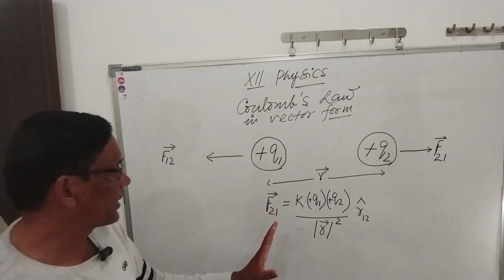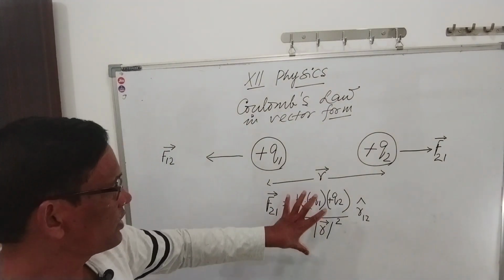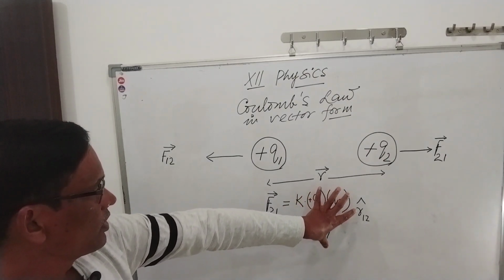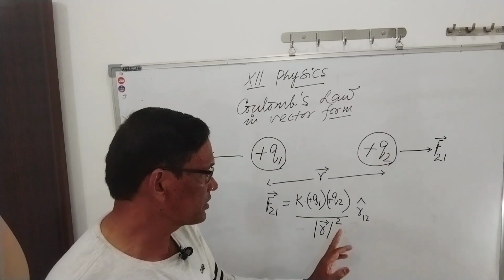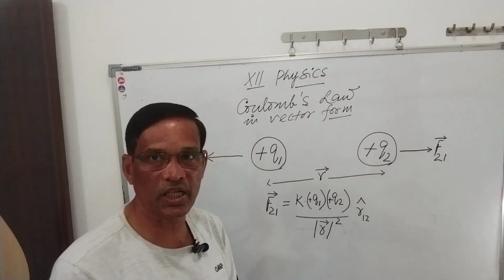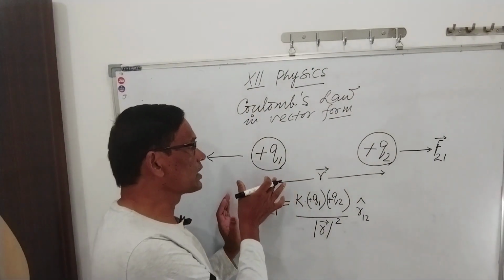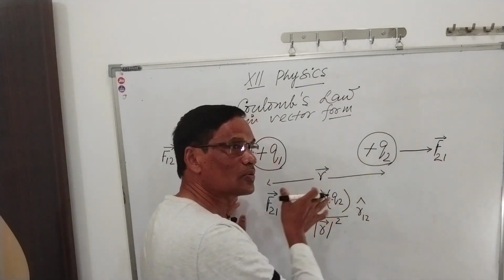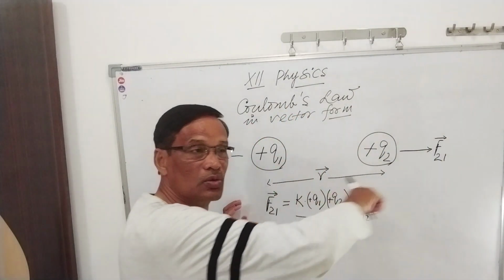So this is what we write: force on 2 due to 1 is k positive q1 into positive q2 upon r magnitude square with r unit cap, but r unit cap has a direction from 1 to 2. This is the direction, right? 1 to 2.